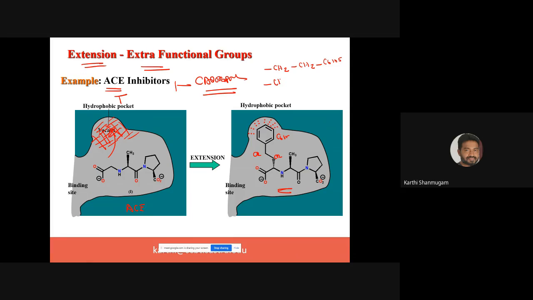I can rewrite this in a different way, CH2, CH2, and draw it as a cyclic ring structure. Both are the same, right? Can you tell what name we can give for this substitution?